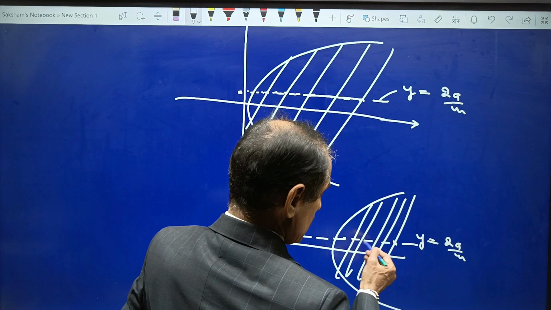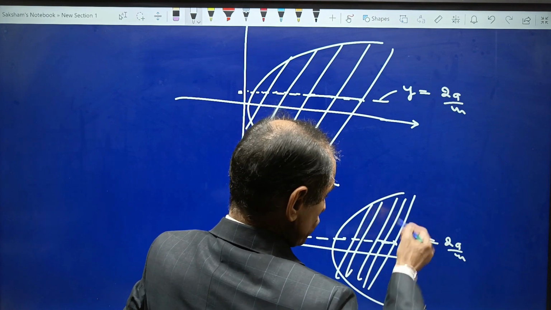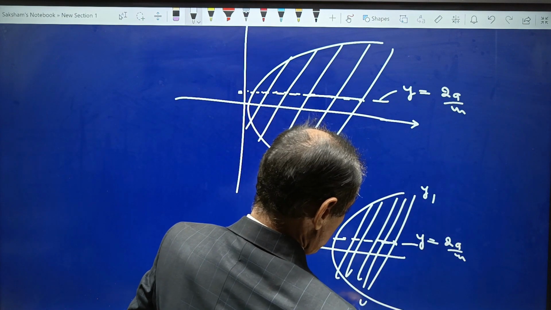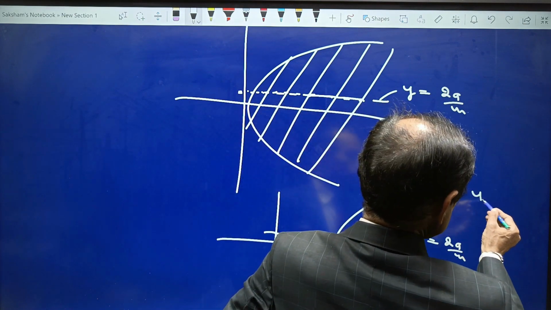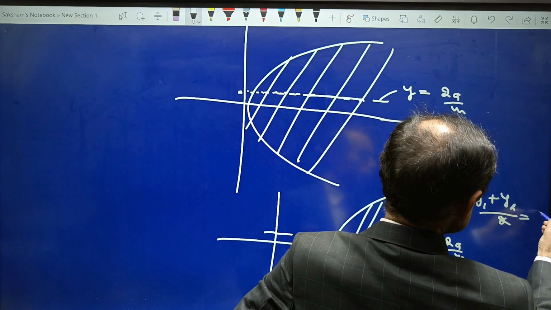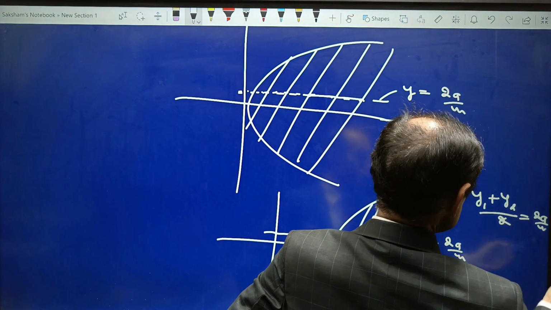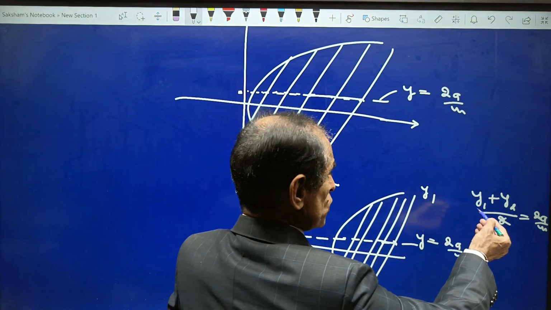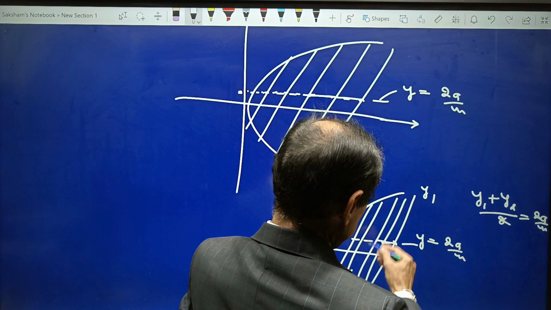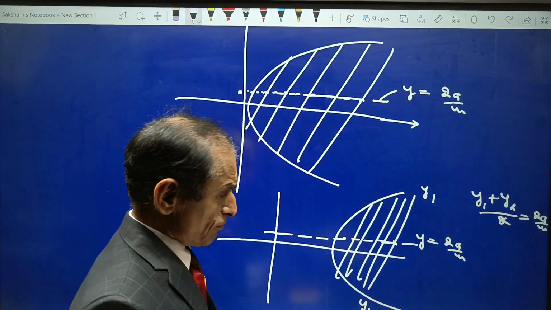And because each one is midpoint of a corresponding chord, hence if this is y1, this is y2, then I can say y1 plus y2 by 2 will be equal to 2a upon m. That is, y1 plus y2 will be constant if the slope of chords are same.